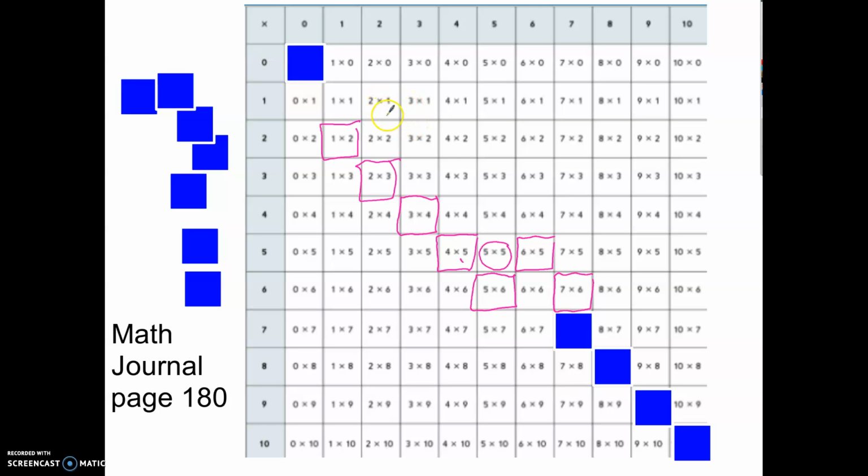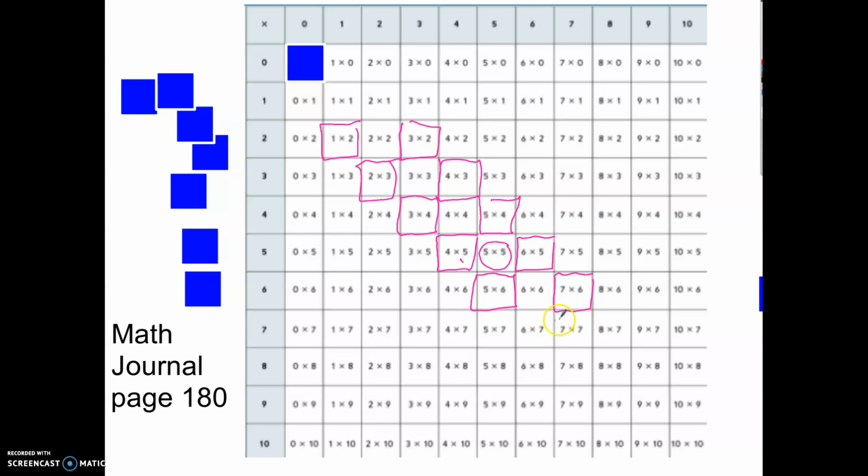And we call these the near squares because they are near our square problems. And remember, square problems are multiplication facts where both factors are the same number.